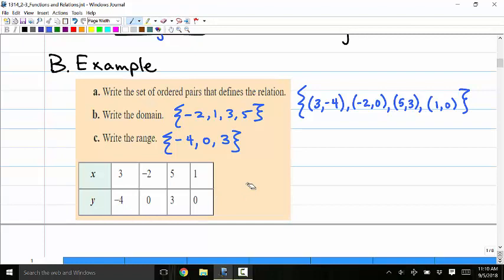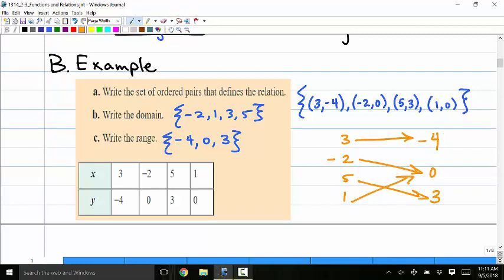Okay, I'm going to look ahead because I know what's coming. I'm also going to show you that you can do this relation in what's called a mapping form. So I'm going to put all the x's over here: 3, -2, 5, and 1. List the y's over here. And I can do an arrow. 3 goes to -4. -2 goes to 0. 5 goes to 3.